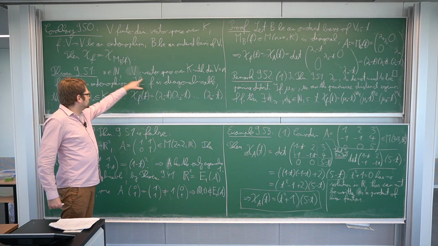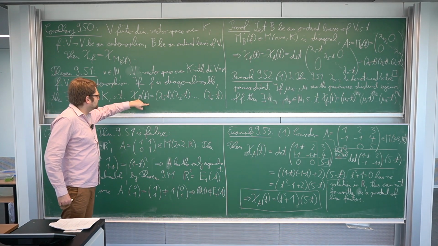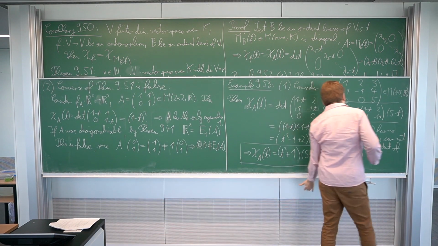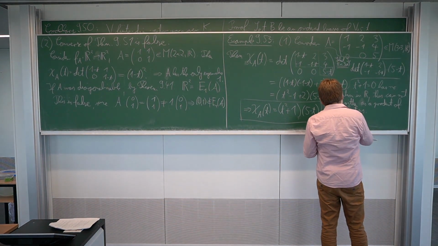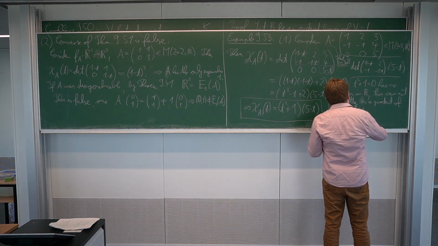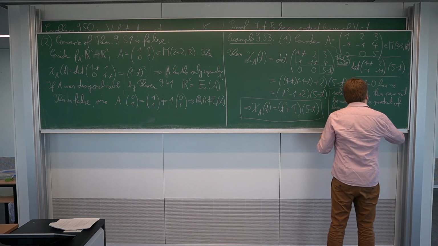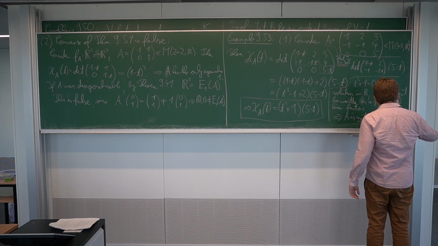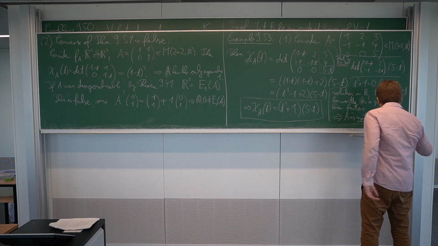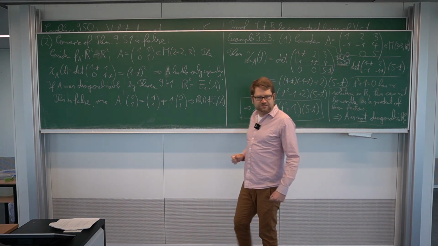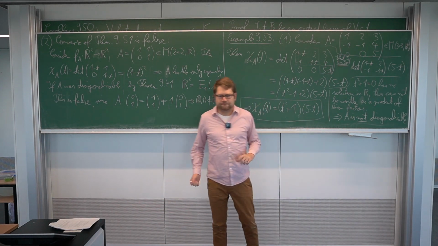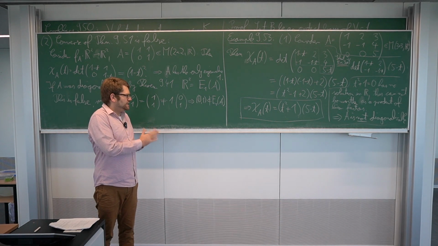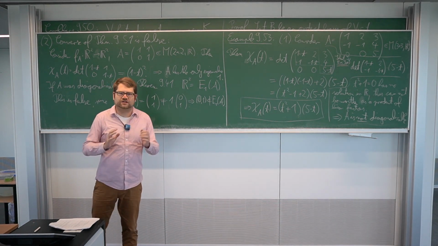So by contraposition to this statement, F cannot be diagonalizable, meaning A is not diagonalizable. We don't need to search for eigenvectors and so on, which is always some computational effort. We can just stop right here and say, no, it's not diagonalizable. The only eigenvalue here is 5, and it cannot be diagonalized. Now I want to use the same example again, but in a slightly different way after I erase the blackboard.